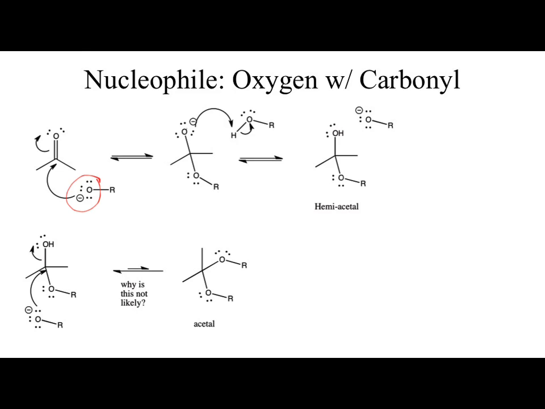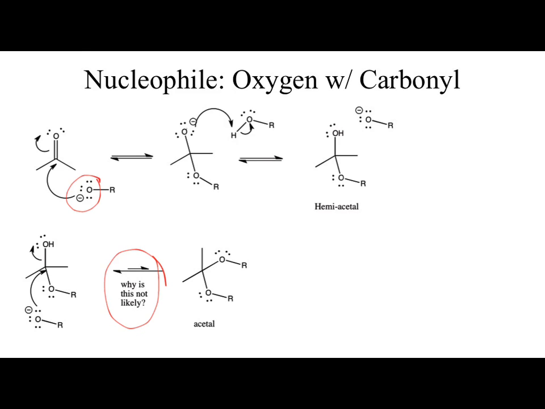One of the last things that we looked at, just because this was interesting, we mentioned this. Why is that last step not likely? What type of mechanism are we likely undergoing here? It's a substitution, and how many steps are happening in that last substitution? It's only one step, which would mean we're looking at the SN2 mechanism.